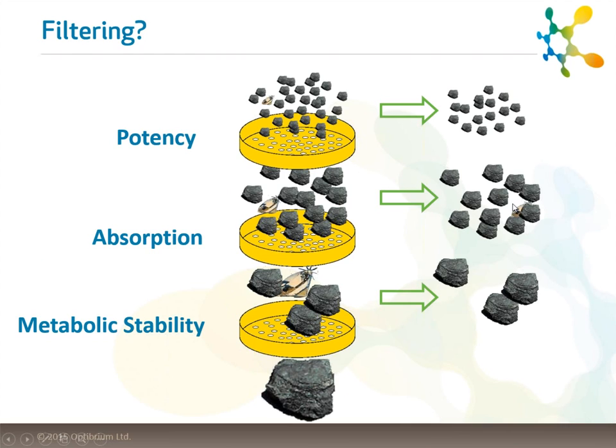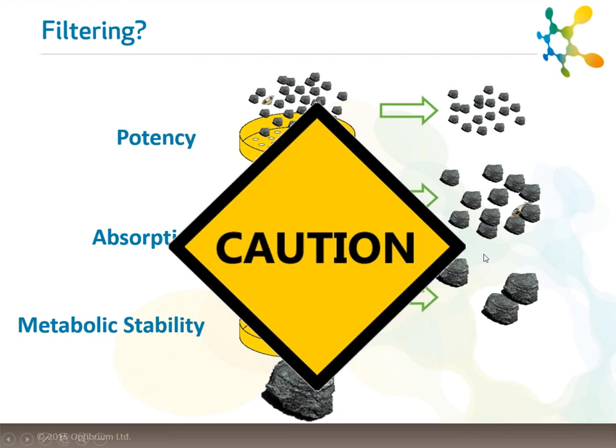In other words, I'm more likely to throw away my best idea somewhere in this process than I am to keep it. And for that reason, we suggest you treat filtering with caution. Sometimes it's necessary, but be aware it's a process that accumulates error without that being transparent.